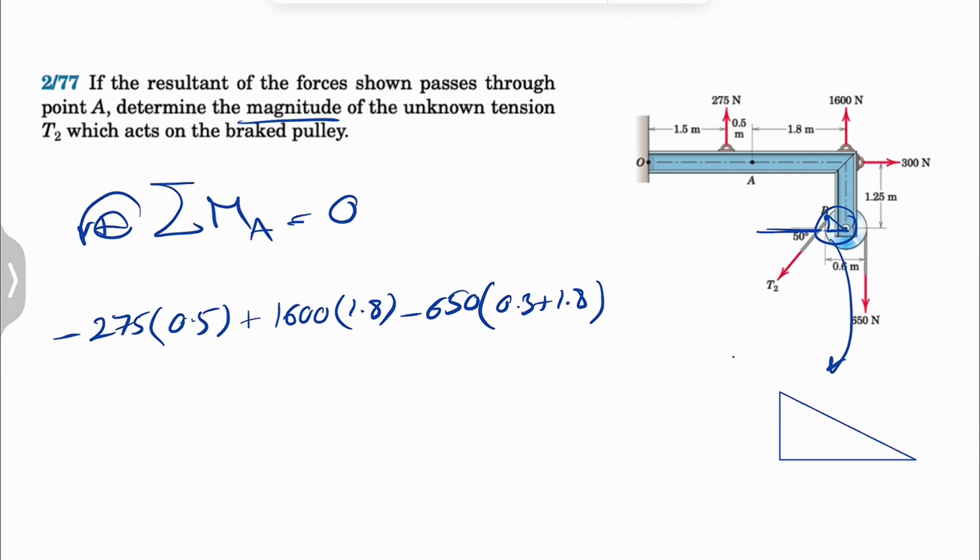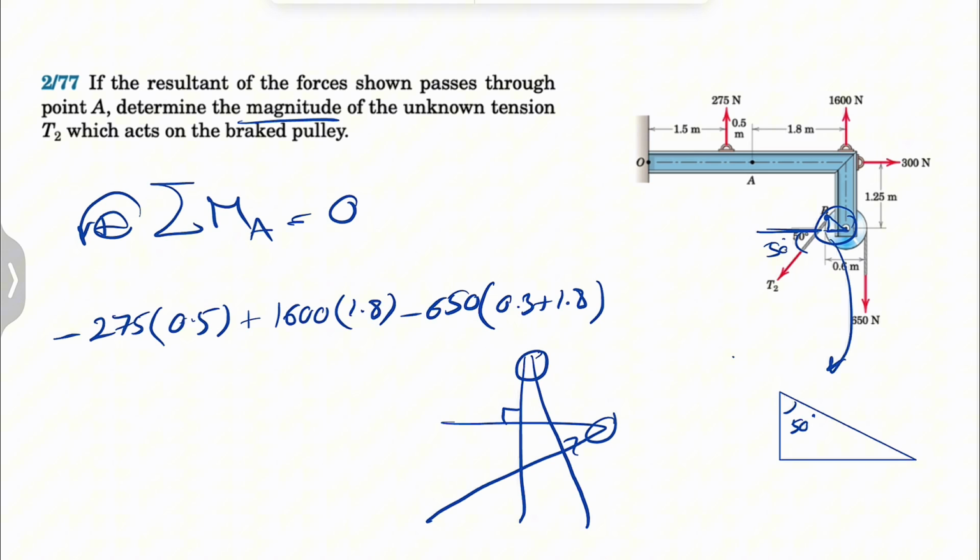All right, since we know this angle here is 50 degrees, this angle here is also 50 degrees, because when we have two angles like this, where each side is perpendicular to the other one, these two are the same. So these two are the same value, 50 degrees.